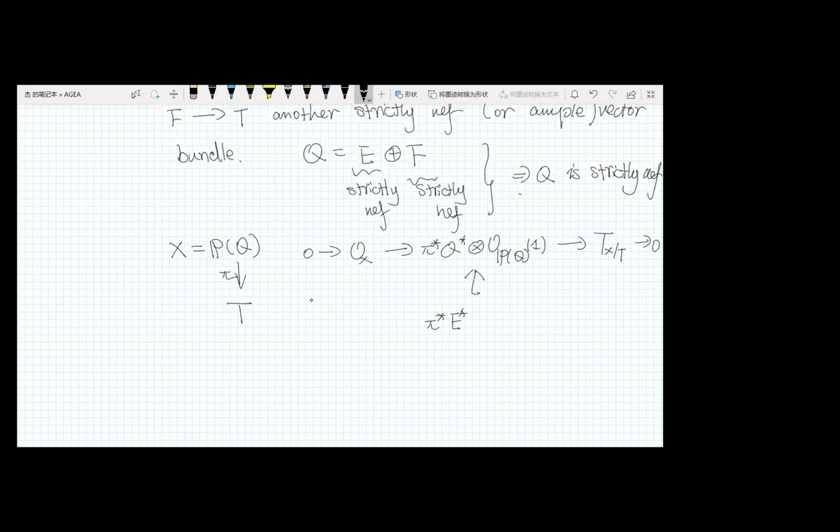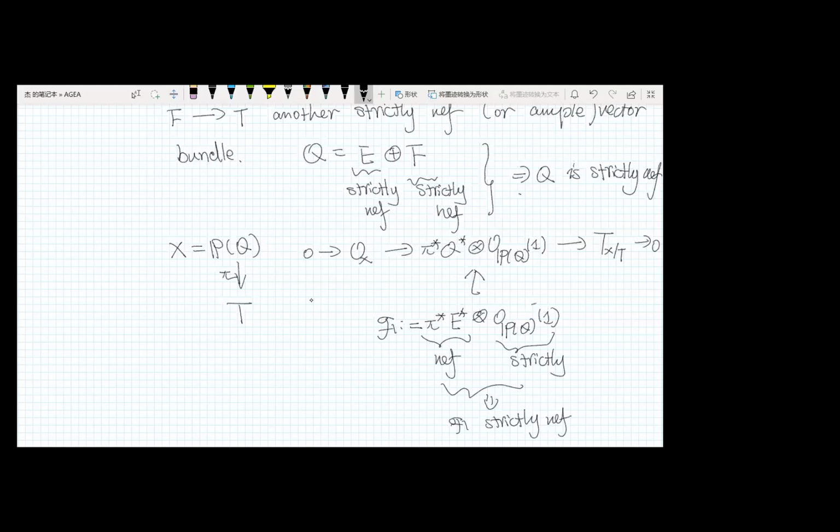So you take the pullback, this is a sub-bundle of π^*Q^*, so you can tensor it with O_{P(Q)}(1). We let this sheaf be F. Because E is numerically flat, this guy is in fact nef, and this guy is strictly nef. So this just means F is strictly nef.